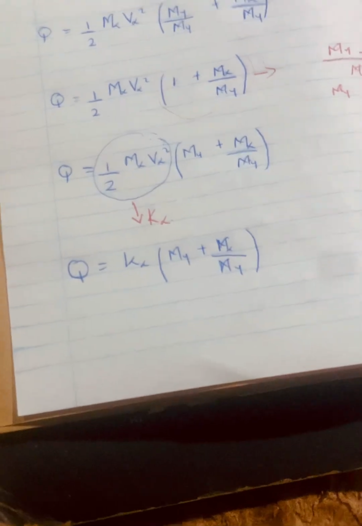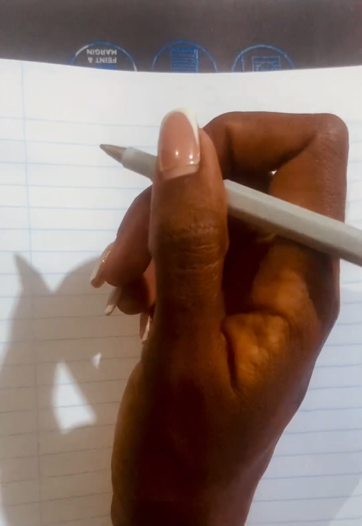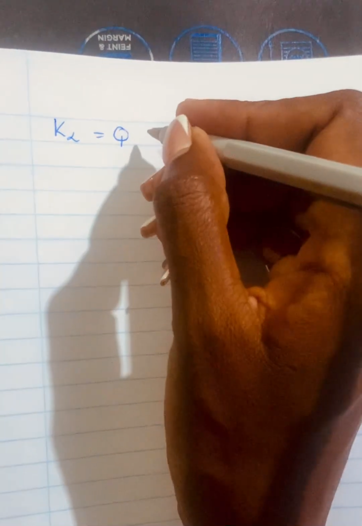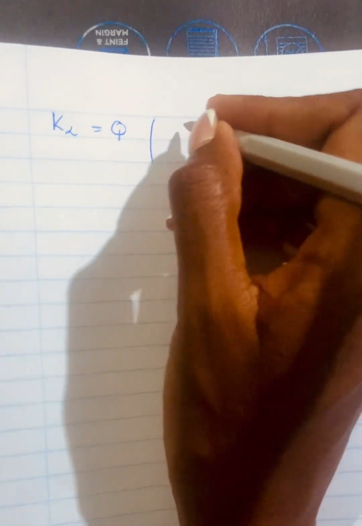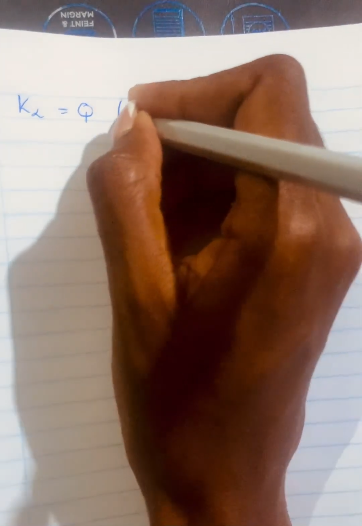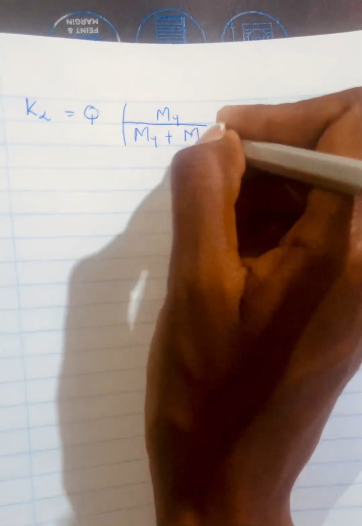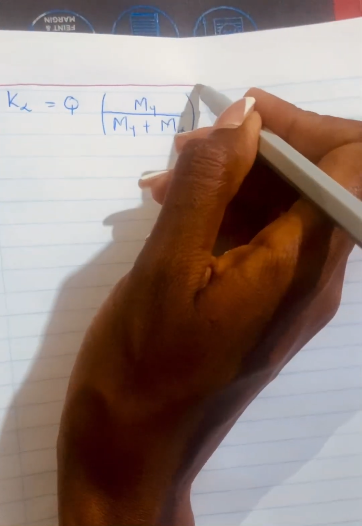So to find our kinetic energy, we are going to make K_alpha the subject of the formula. This is our formula for calculating kinetic energy.